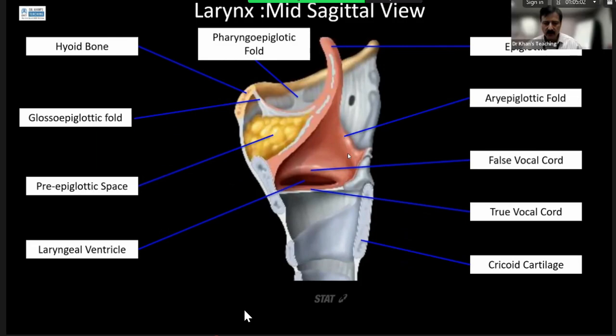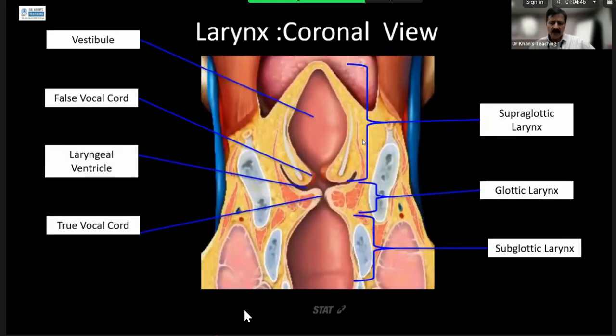So we'll continue with a bit of lecture mode before I show you a few cases. You remember that we learned before the break that the larynx has three portions: glottis, supraglottis, infraglottis.